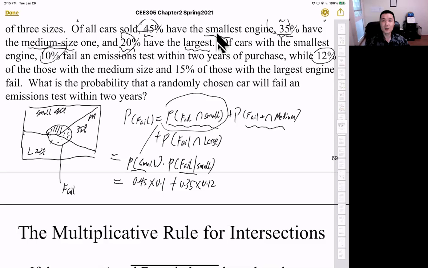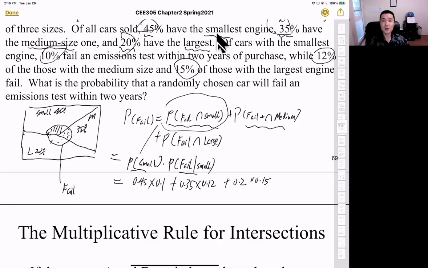When the engine size is medium, 12% will fail. All right, and last part is 0.2, which is percentage of large engine, times 0.15, which is the probability the engine will fail when the engine size is large.